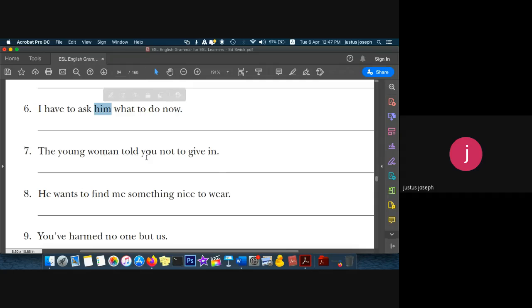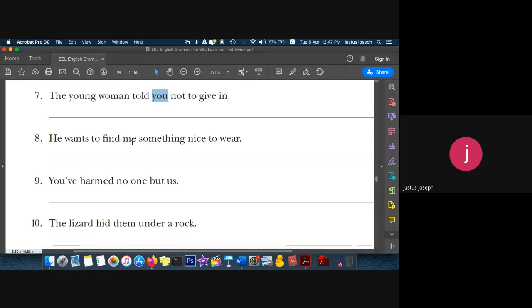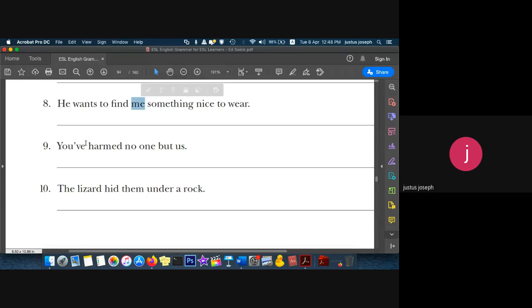The young woman told you not to give in. Herself. He wants to find himself something nice to wear. You have harmed no one but yourself.